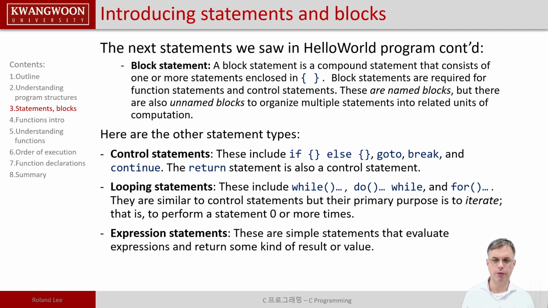Expression statements we will also look at later. These are simple statements that evaluate expressions and return some kind of result or value. Except for control, looping, and the wide variety of expression statements, we have already encountered the essential C program statements that make up the bulk of our C programs.